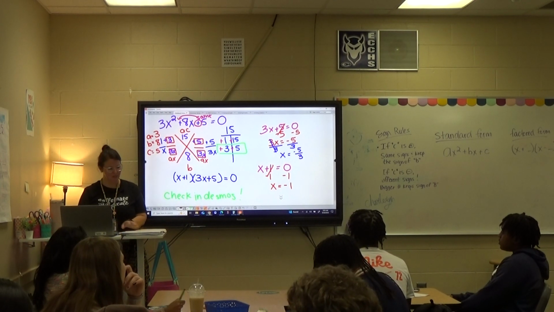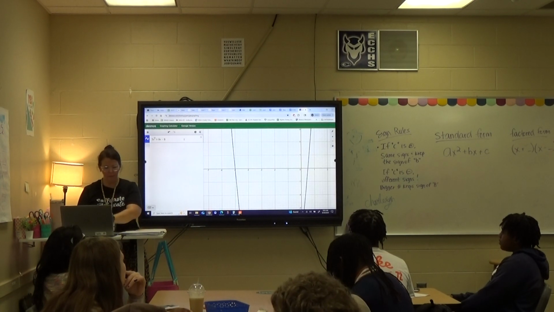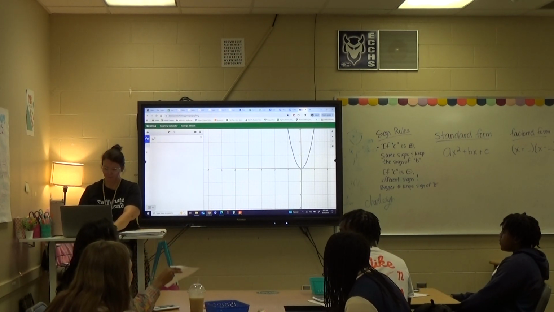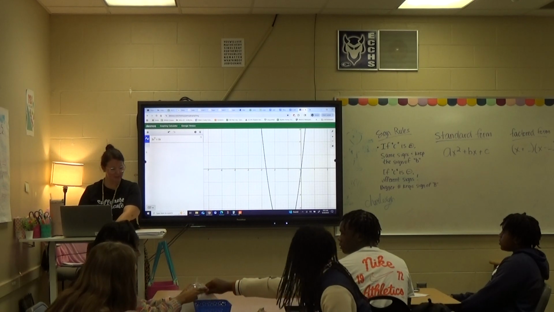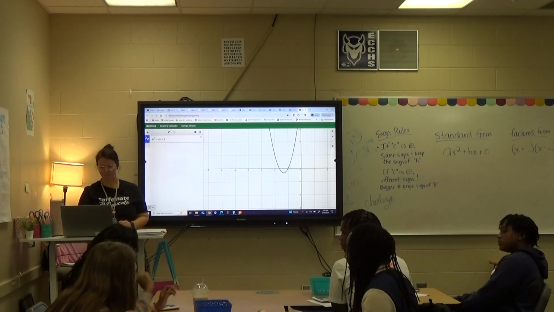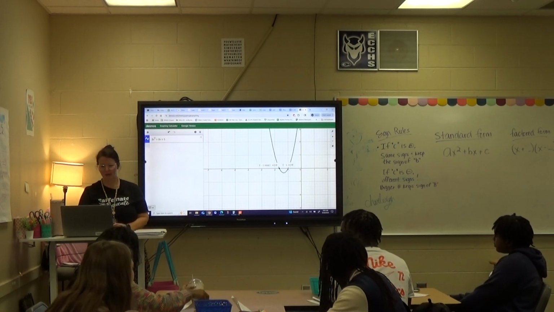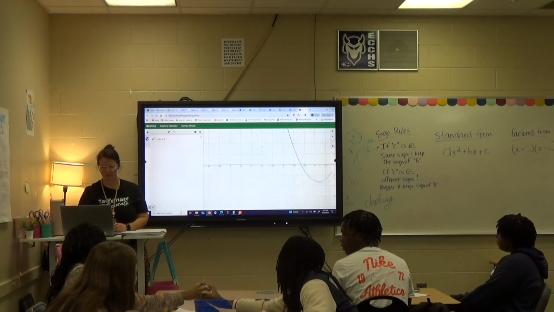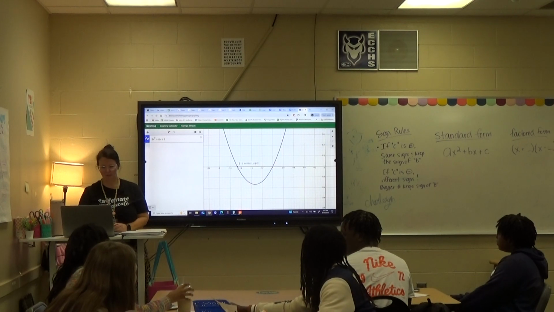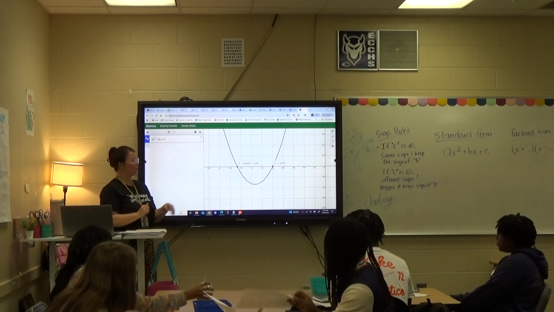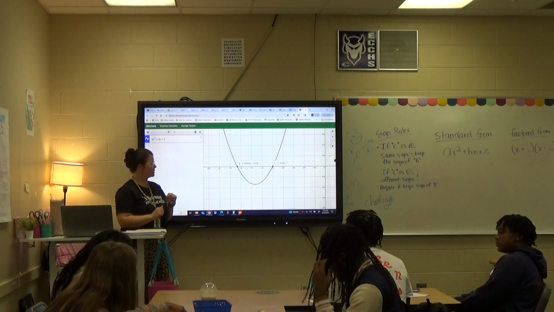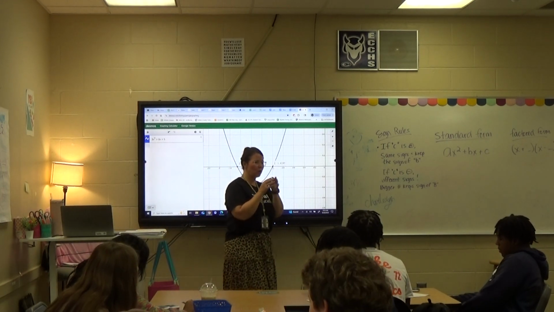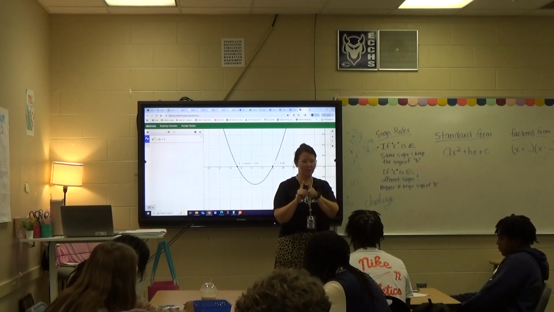If I put 3x squared plus 8x plus 5 in Desmos and look at my two solutions, my roots, my zeros, my x-intercepts, I'm going to see -1.66667 and the -1.